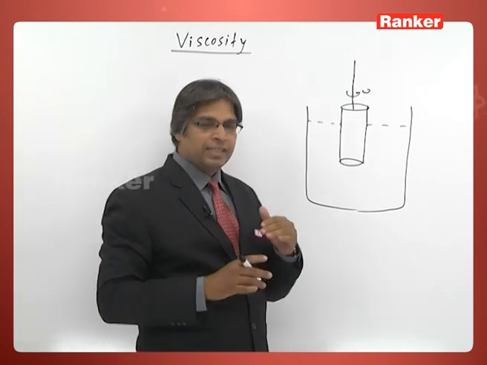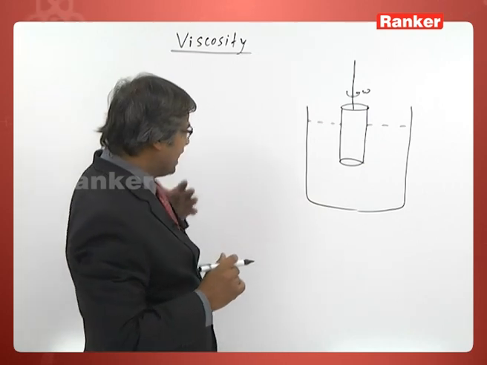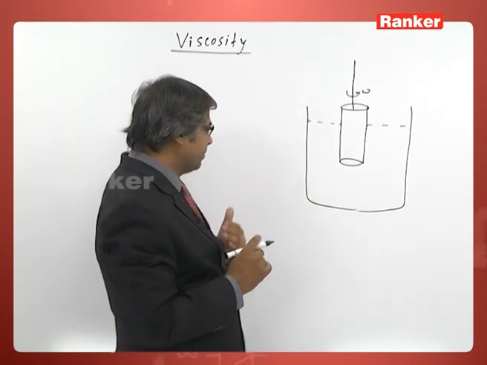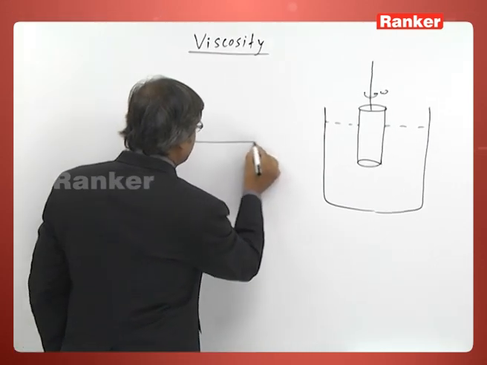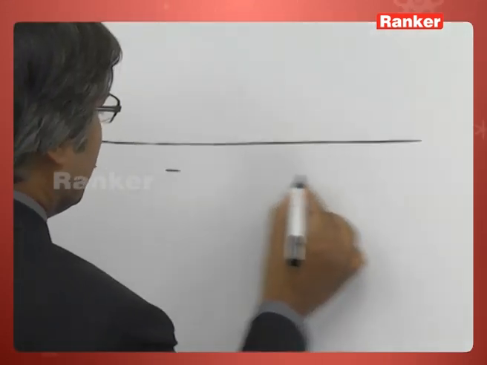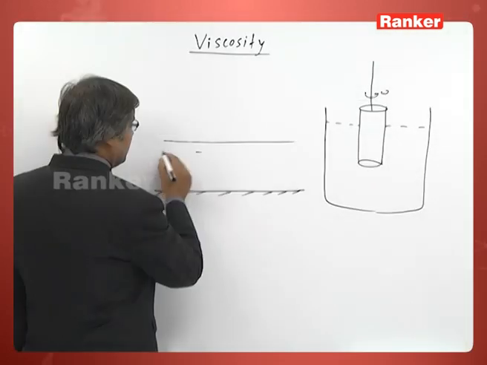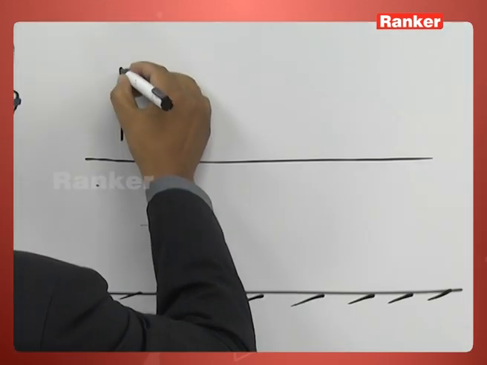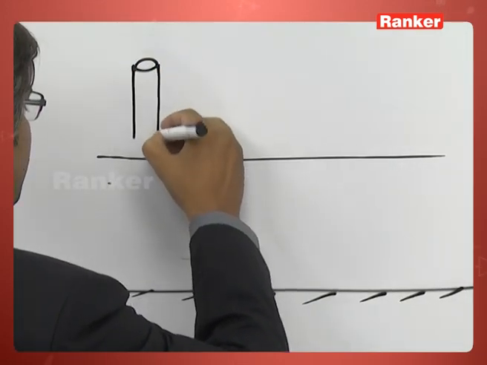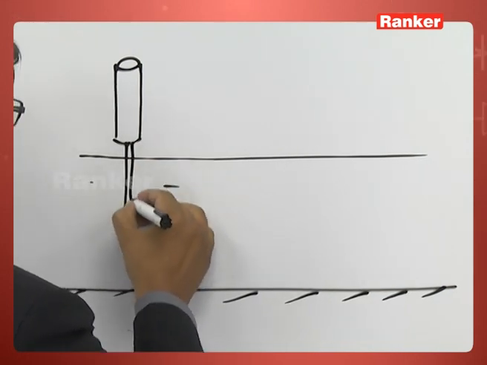Now, in order to understand viscous force, we use an ink method. Ink method means, suppose it is a flow. If a liquid is flowing on a plane surface, we put an injection syringe with different colors of ink.